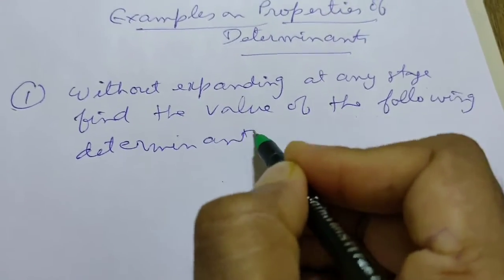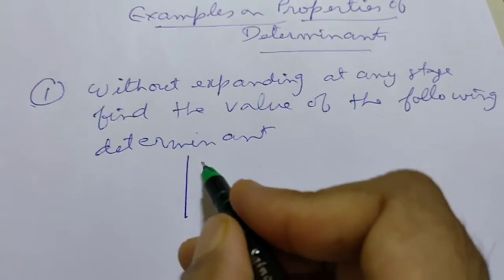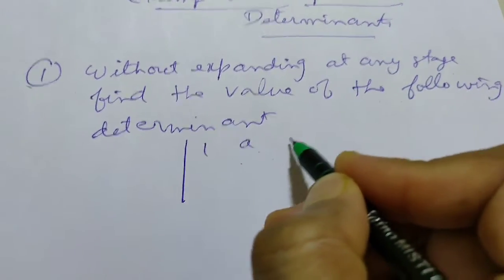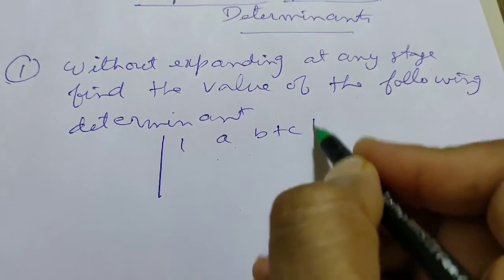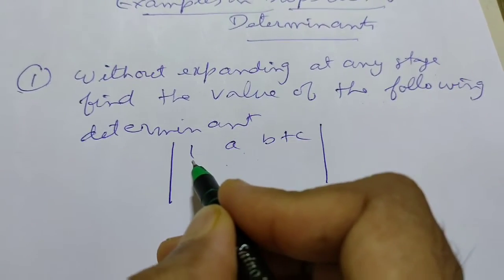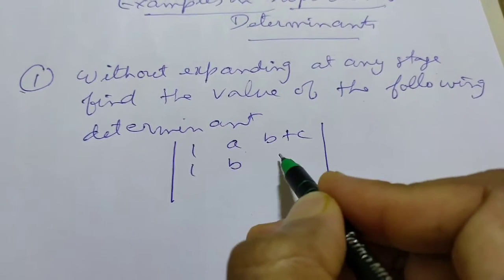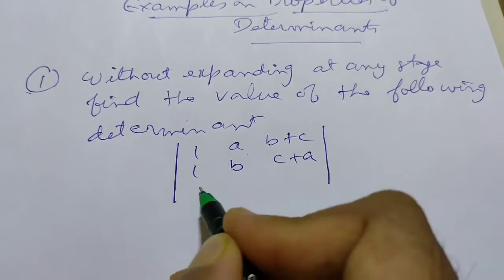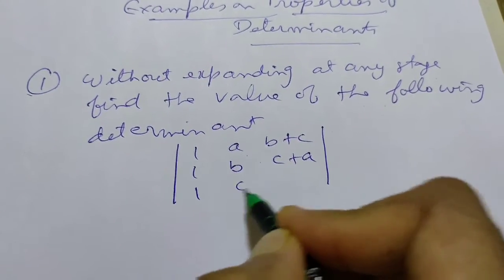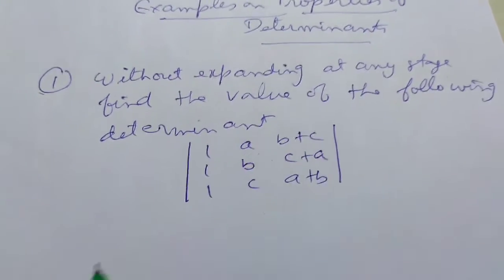So this is our question. The determinant is like this: 1, a, b plus c. Then we have 1, b, c plus a, 1, c, a plus b.